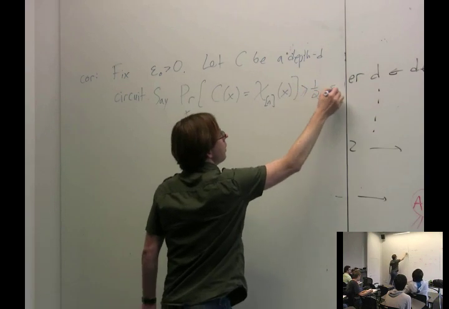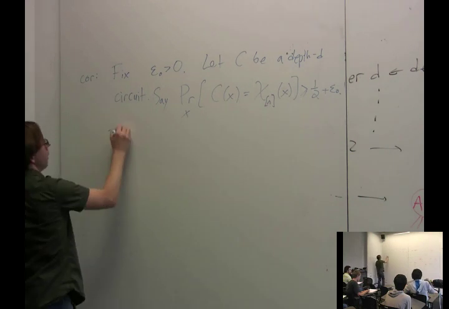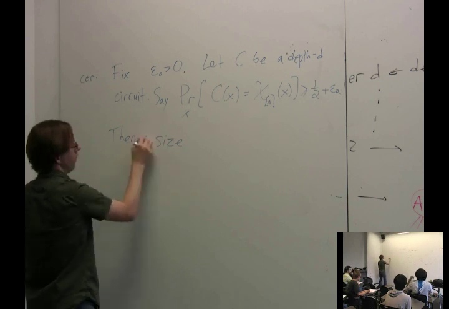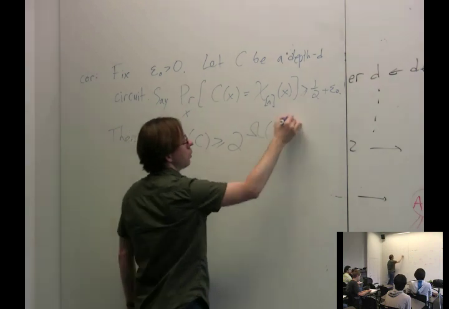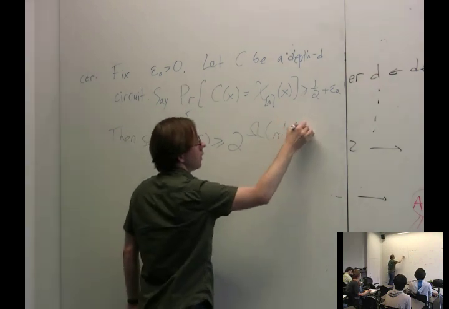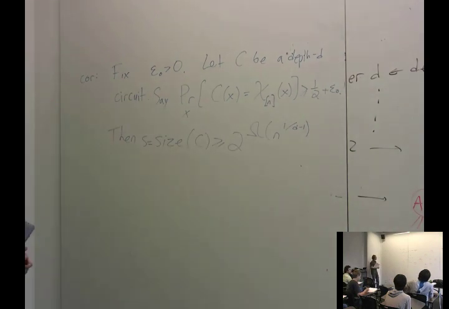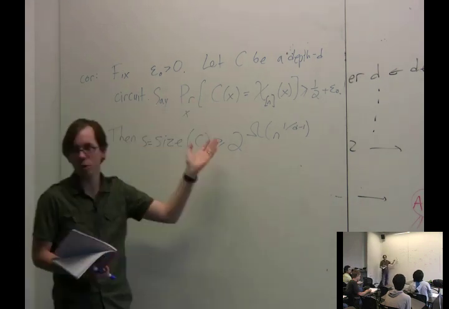So it gets it right on even just 51% of the inputs. Then it has to be a very large circuit. Then the size of the circuit is at least 2 to the omega of n to the 1 over d minus 1. Okay, so if you fix, I don't know, depth 3, for example, it says any depth 3 circuit that computes parity correctly on 51% of inputs has to have size at least 2 to the root n.